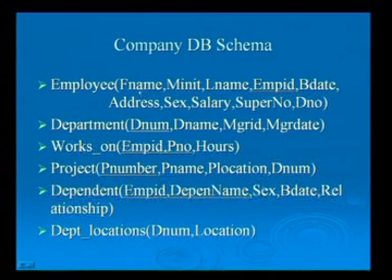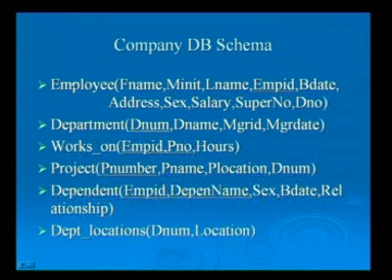Then I am going to do some examples using this company database schema. In the company database schema, we have a number of relations: employee, department, works on, project, dependent, and department locations.